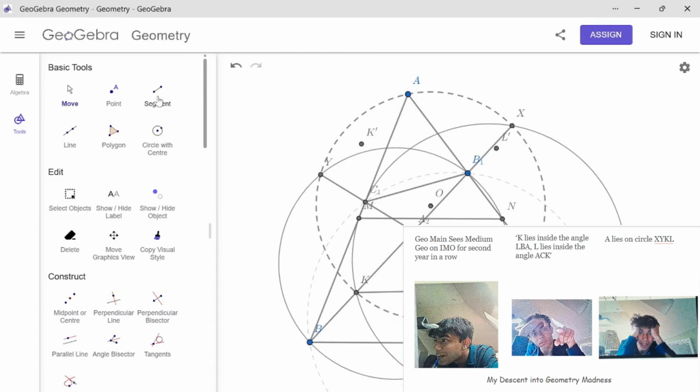I'm trying to work with angle AKL somehow.